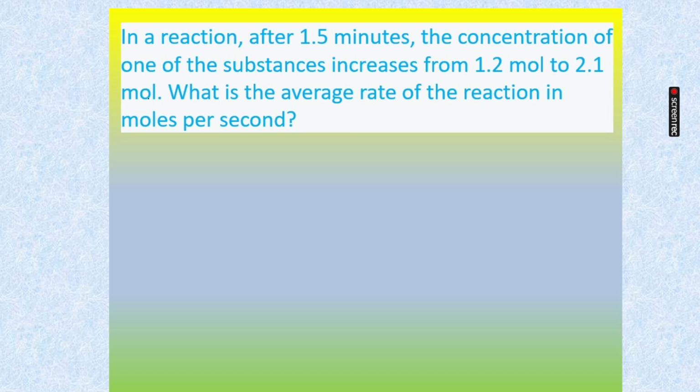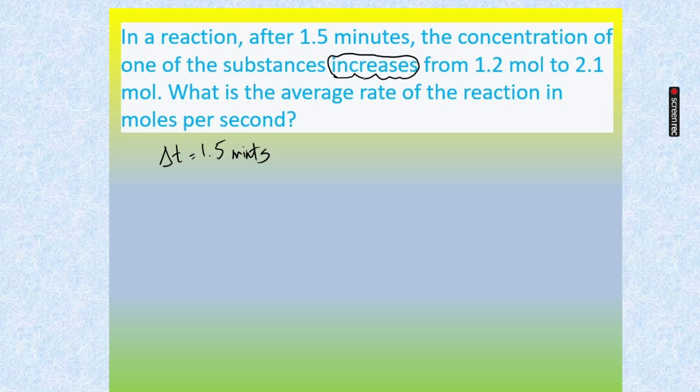First of all, it says in a reaction after 1.5 minutes, so it gives you the delta t is 1.5 minutes. The concentration of one of the substances is said to increase. What does it mean, increase?